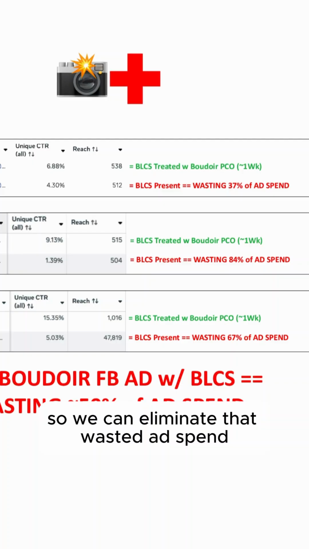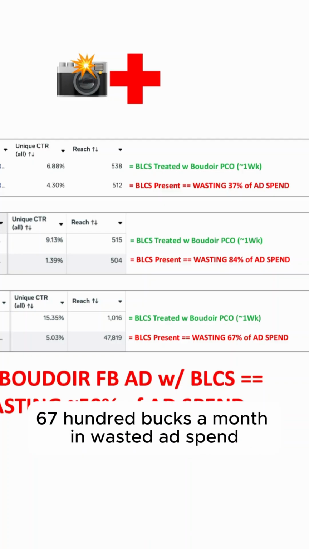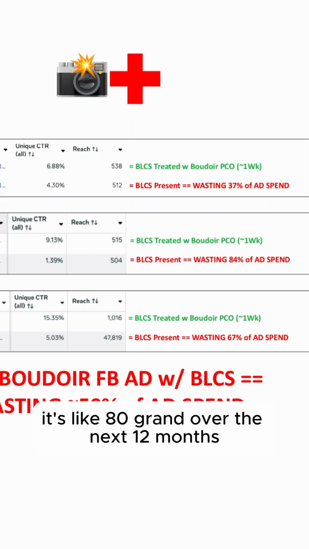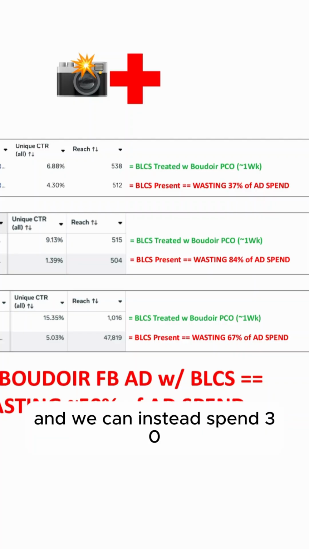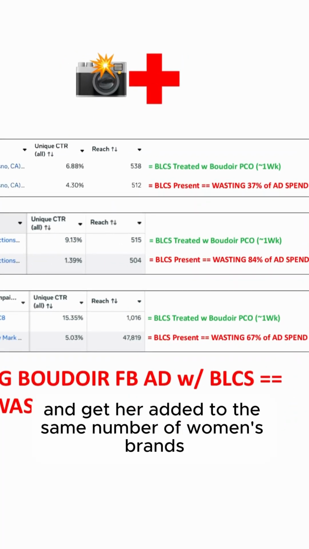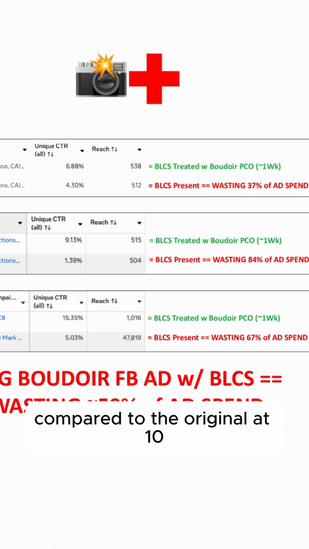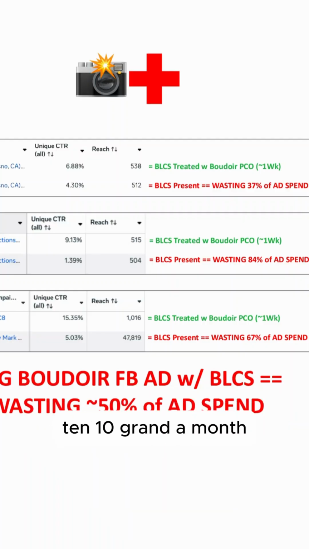So if you're spending 10 grand a month on Boudoir Facebook ads, we can eliminate that 6,700 bucks a month in wasted ad spend, and he can pocket that. It's like 80 grand over the next 12 months. It's kind of like a phantom bonus. And we can instead spend 3,300 bucks a month on the Boudoir Pico treated ad and get our ad into the same number of women's brains at 3,300 bucks a month, compared to the original at 10 grand a month.